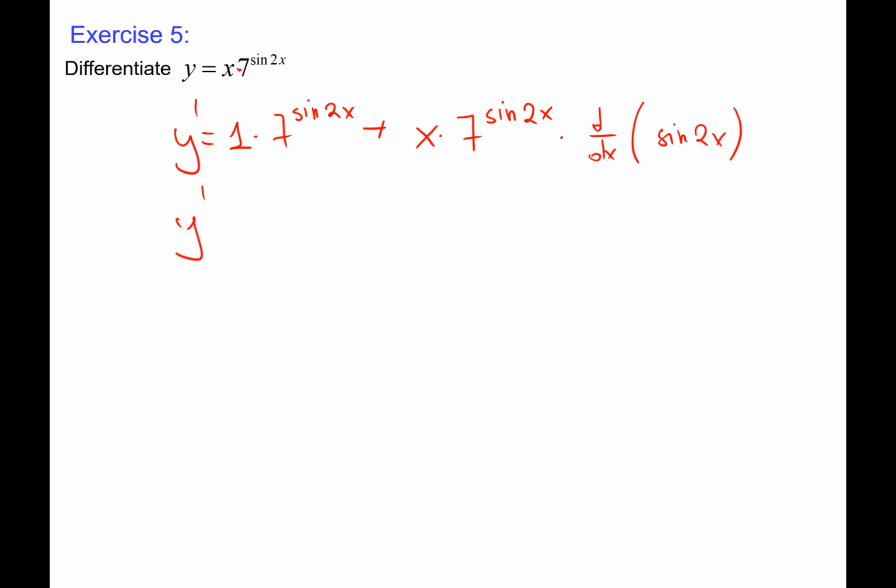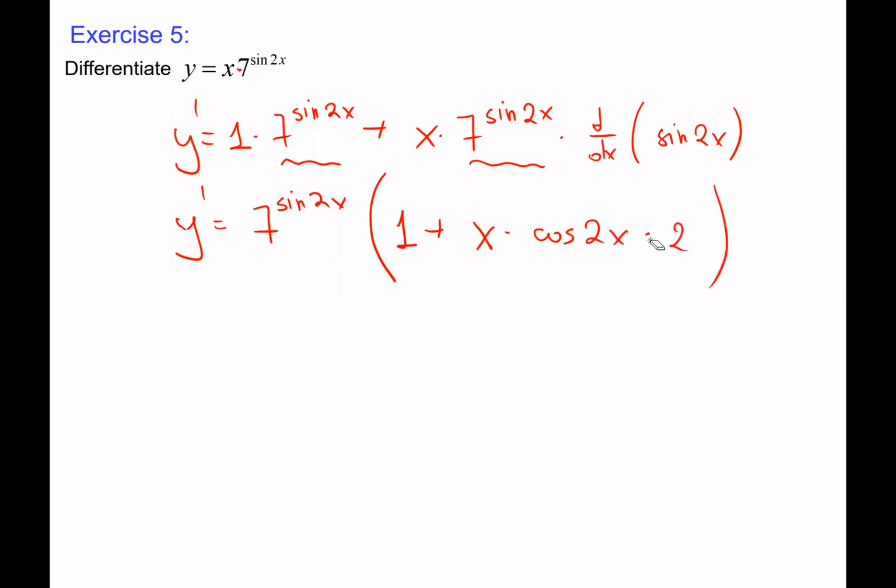Let me rewrite. Actually, I can factor out 7 to the power of sine of 2x, and I have 1 plus x, and the derivative of sine of 2x is cosine of 2x times 2. Of course, follow the chain rule.